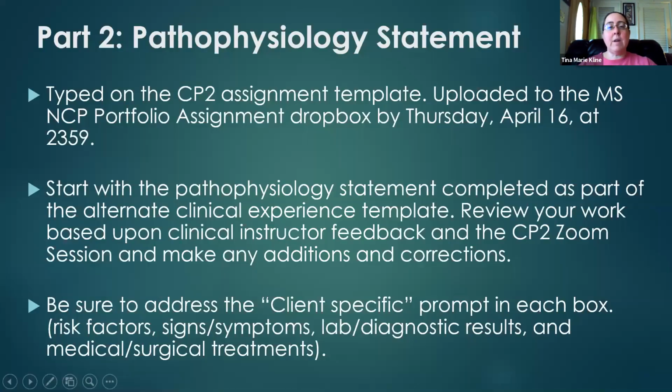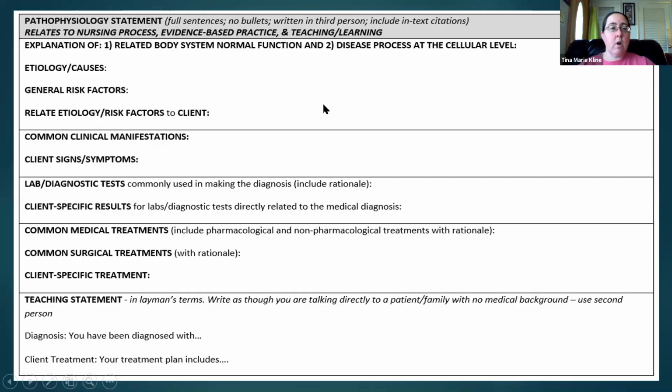All right, let me pop back here for a second. The other thing that you need to do is to address the client-specific prompt in each of those boxes. Okay, so I'm going to flip forward again, and you'll notice here, relate etiology risk factors to client. So based on the scenario, what risk factors did Mr. Gomez have for COPD?